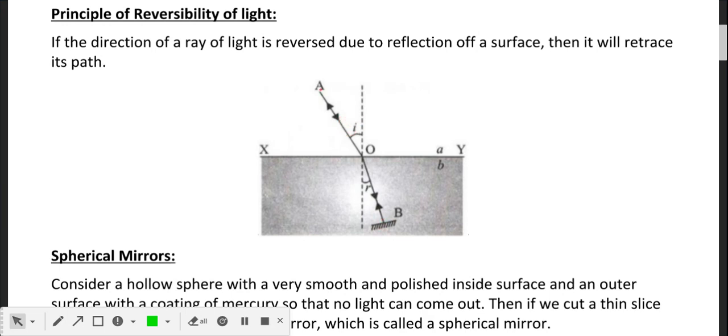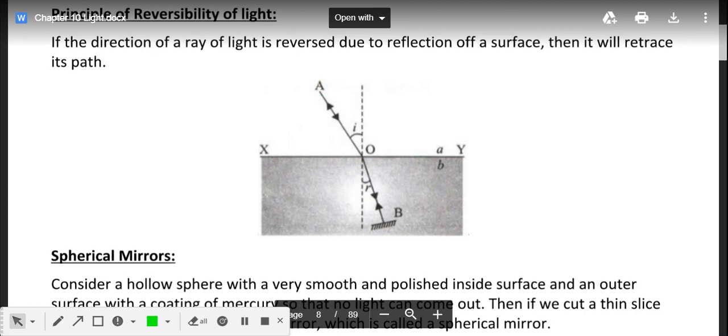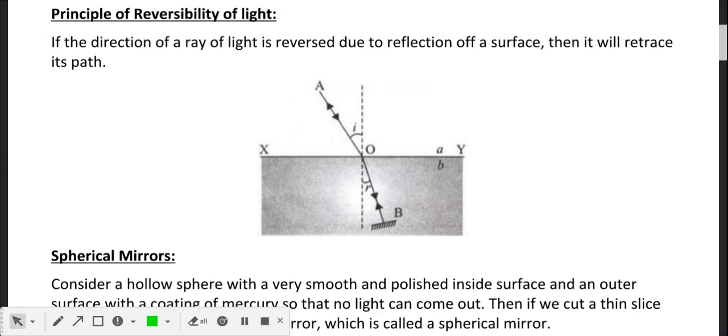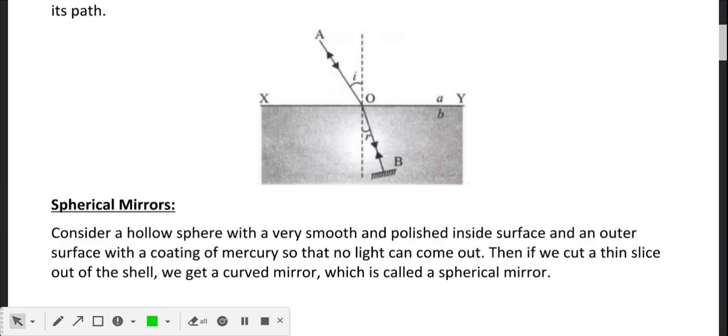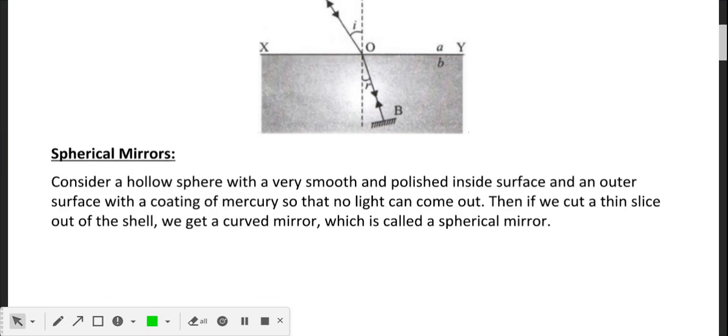So this incident ray is going to point O. After point O, it is going to point B. Then from point B, it is reflected back at the same angle, right? Due to the reversibility of light. This is called the principle of reversibility. Don't worry, this is not in your syllabus. This is from the ICSE board.